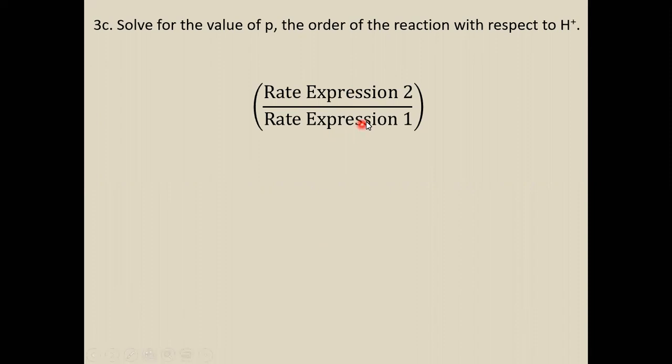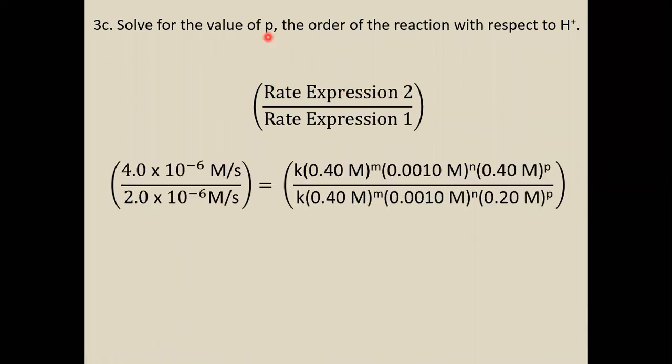In this case, we have rate expression 1 and 2, and it doesn't matter which one you divide by the other. I like to set it up so that I get whole numbers back out when I do my division instead of decimals. So I'm going to take the entire rate expression 2 and divide it over the rate expression 1, and I'm going to eventually isolate P. So this is what that looks like.